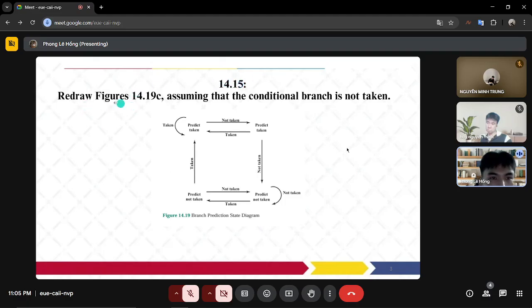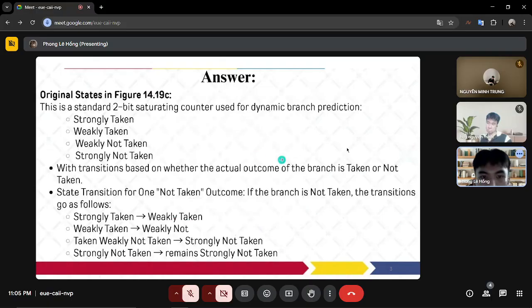14.15. Redraw figure 14.19c, assuming that the conditional branch is not taken, like this picture. The original state in figure 14.19c is a standard two-bit saturating counter for dynamic branch prediction: strongly taken, weakly taken, weakly not taken, strongly not taken, which transition based on whether the actual outcome of the branch is taken or not taken.